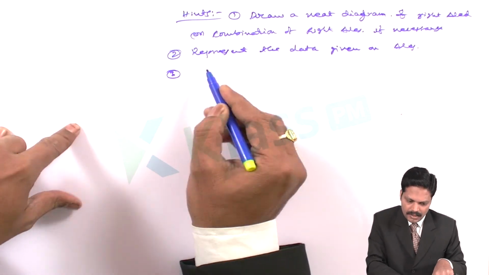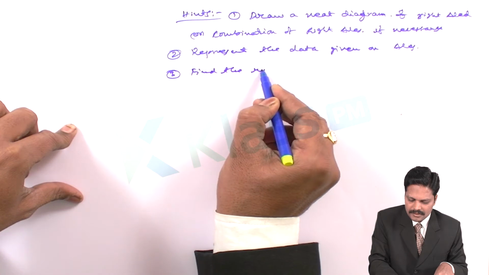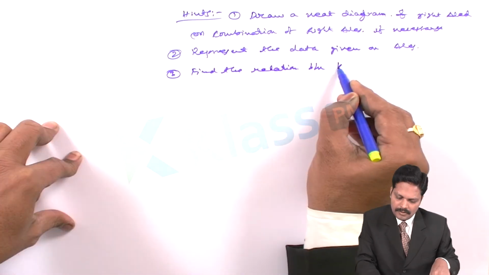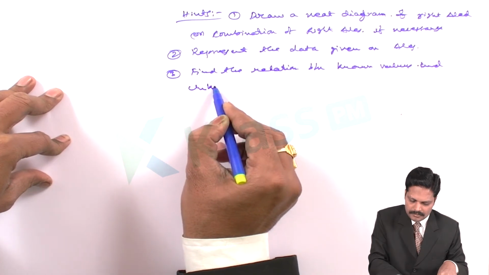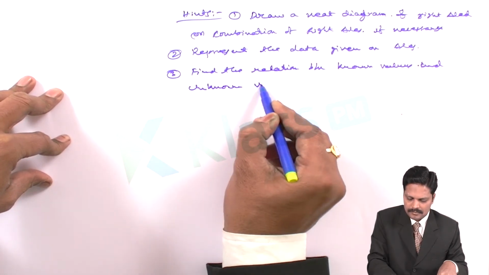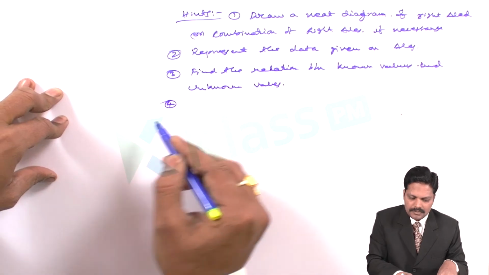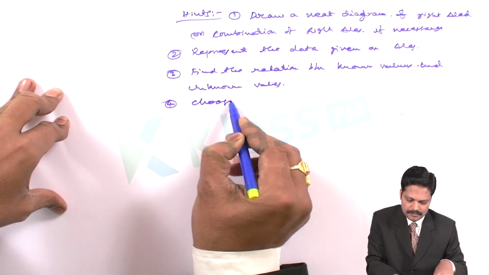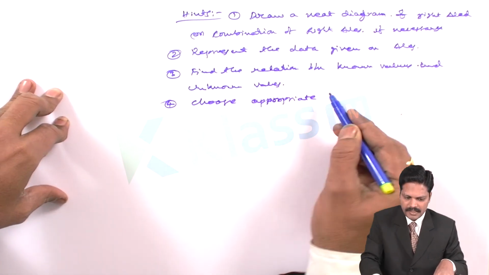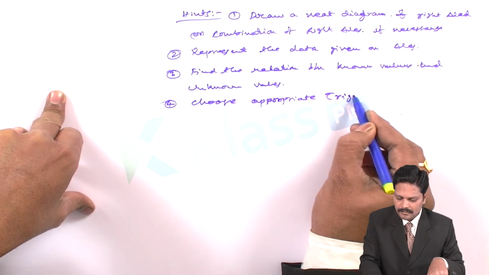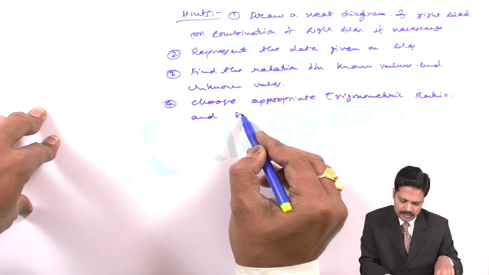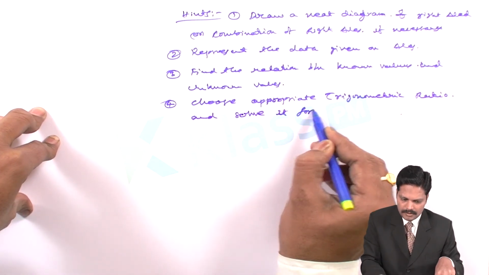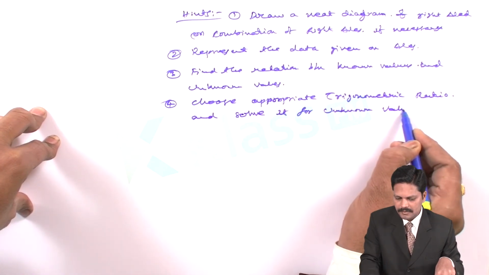Third, find the relation between known values and unknown values. Then the fourth point, choose appropriate trigonometric ratios and solve for the unknown values.